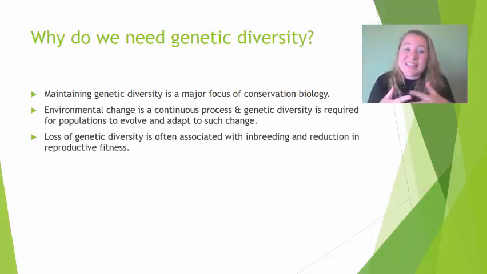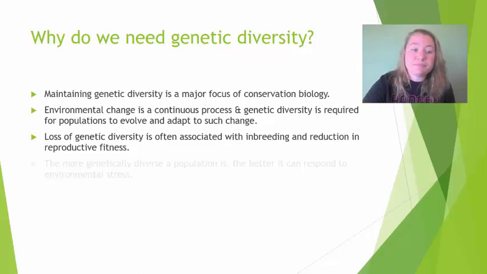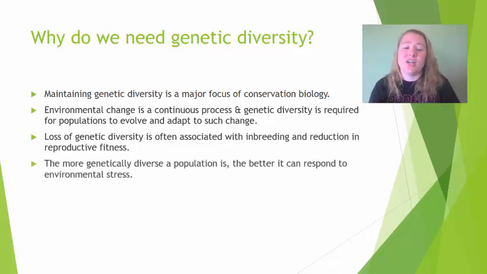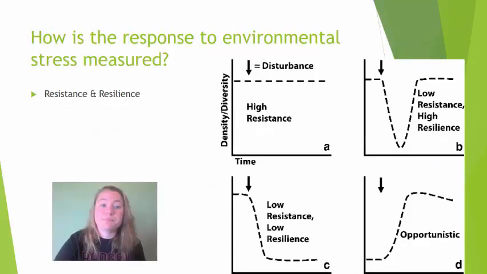So it is less likely that some new mutation will take place and add in there, and it's also more likely that if the individuals had detrimental or bad mutations, those are going to be passed on. That leads to a reduction in fitness. Finally, the more genetically diverse the population is, the better it can respond to environmental stress, similar to what I was talking about with a mouse that has the ability to find food just a little bit better.